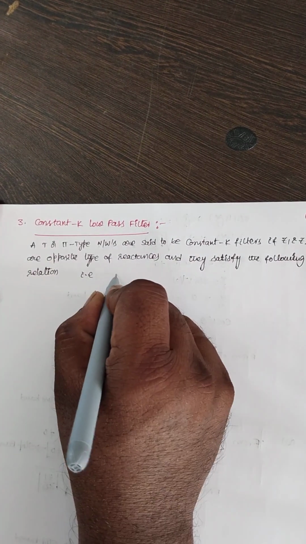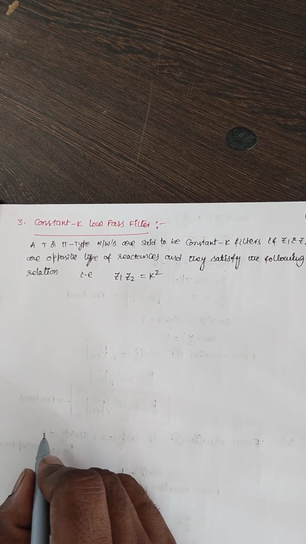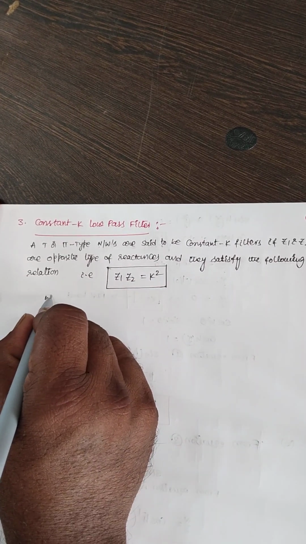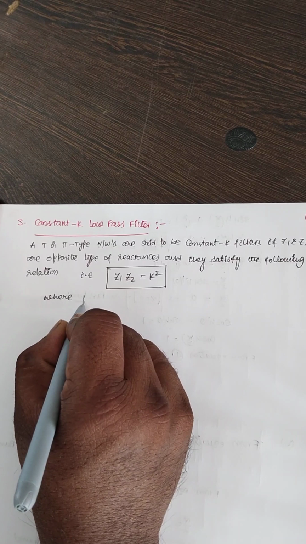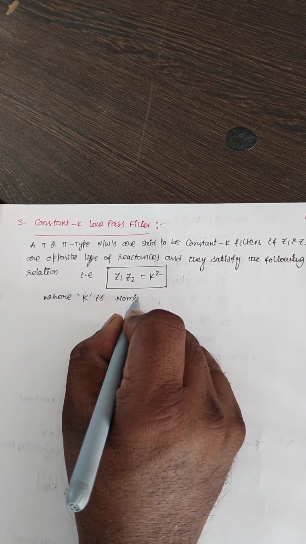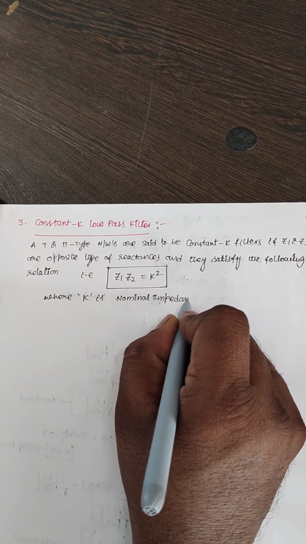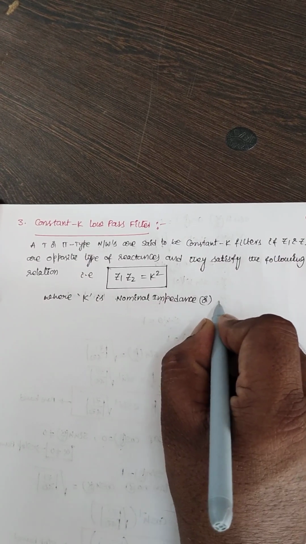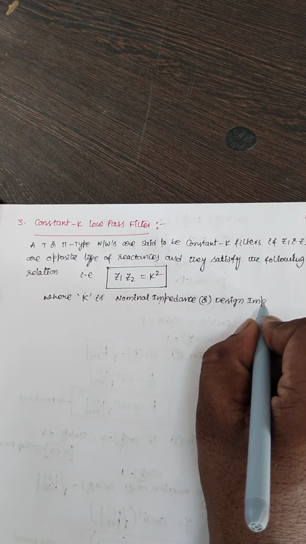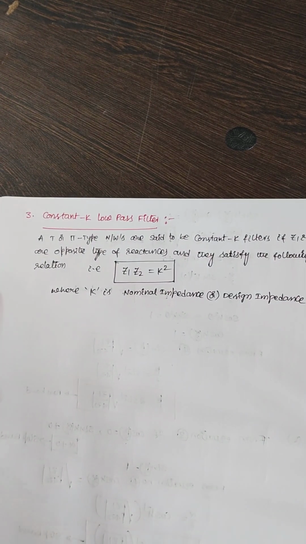That is Z1 Z2 is equal to K square, where K is nominal impedance or design impedance. Okay.